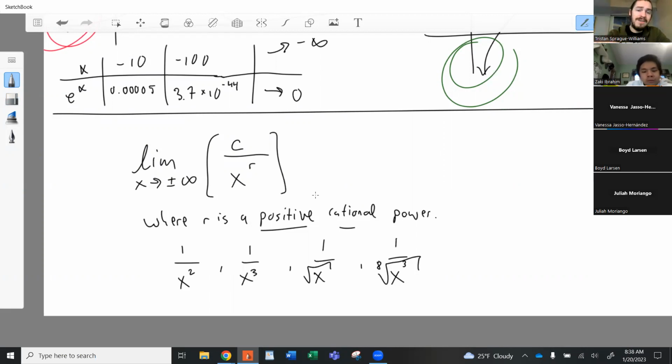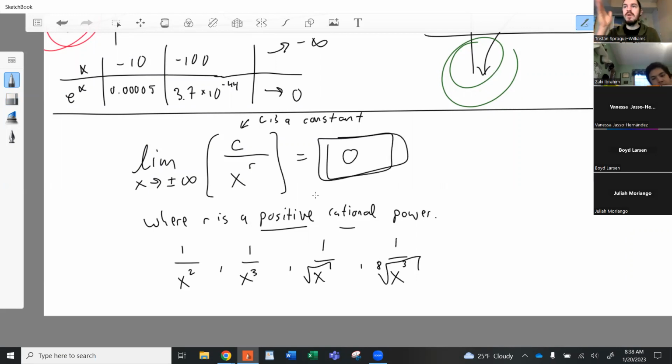So basically, whenever you have a constant in the numerator and some power of x in the denominator, as x approaches plus or minus infinity, this limit is always going to be equal to 0. And the reason for that is that power functions all grow, whether it's square root of x or x to the 1 power, x to the 2 power, x to the 100 power.